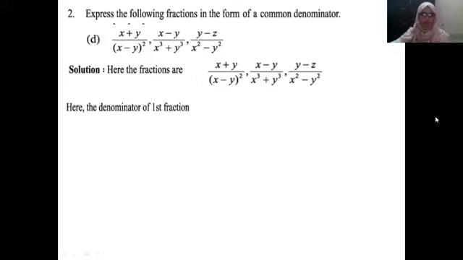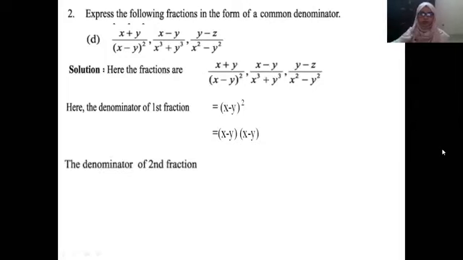Here the denominator of the first fraction is equal to x minus y whole square. X minus y whole square is equal to x minus y into x minus y. The denominator of the second fraction is equal to x cube plus y cube.